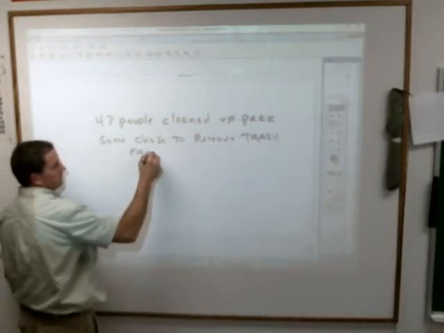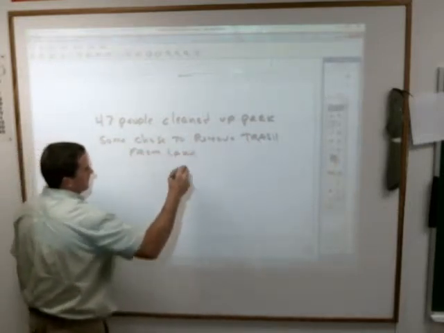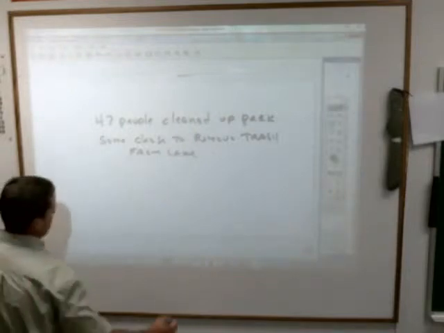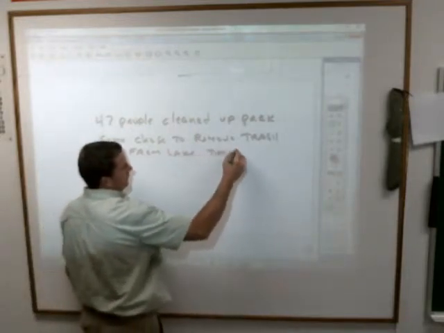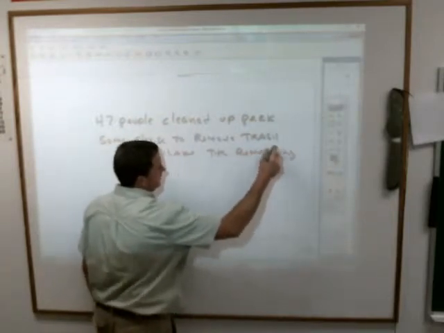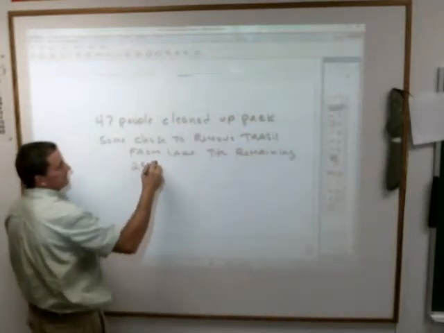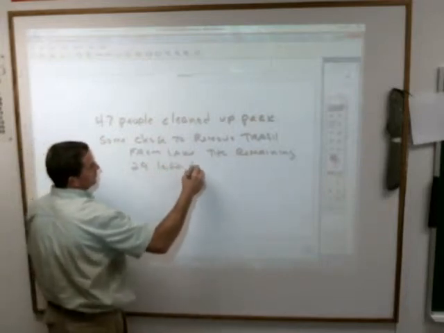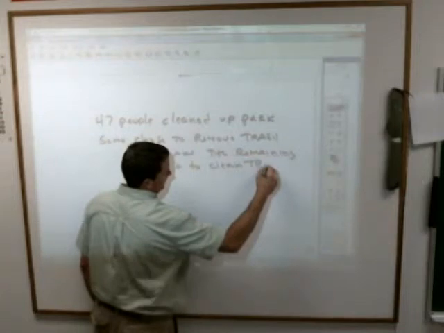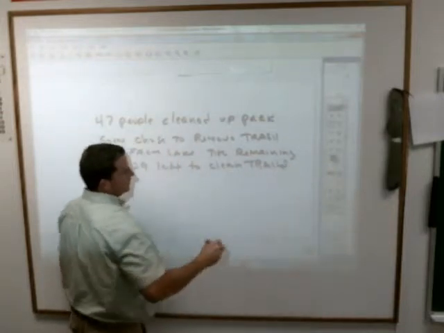It's a beautiful lake. And the others, the remaining 29 people, left to clean up the hiking trails. The remaining 29 left to clean the trails, not trials, but trails.